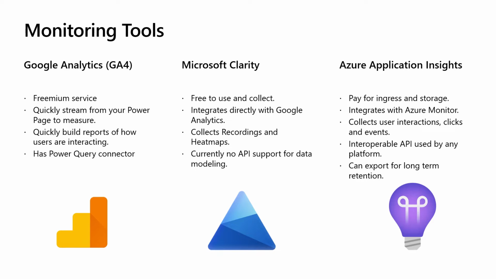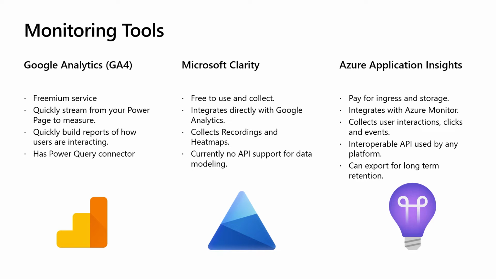Where are they clicking? What are they clicking on? Is there rage clicks? Is there something that maybe they're clicking and we could disable the button once it's been clicked once? So understanding that, Microsoft Clarity provides a great opportunity for us to collect all of that. It does not currently have an API for data modeling, but it does have the ability to extend it through tags and things like that.